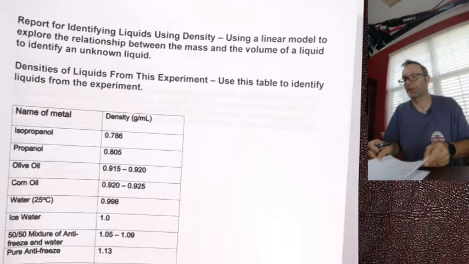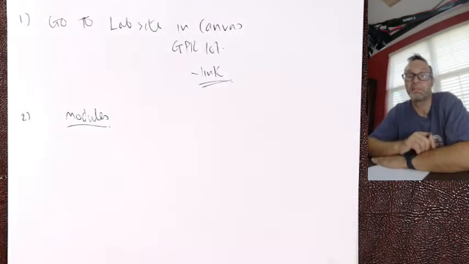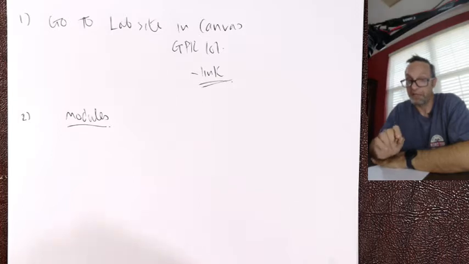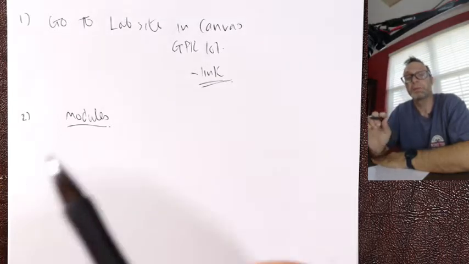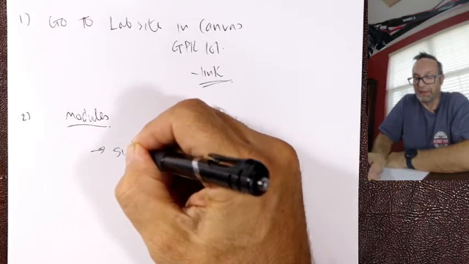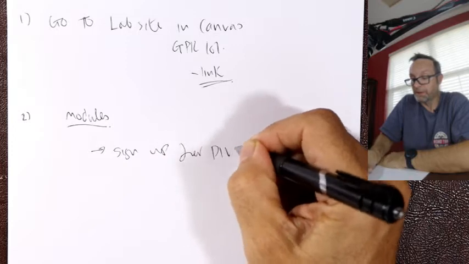These physical labs you can fill out online, which is nice, fillable. But bottom line, go to modules and you'll see these labs, but you've also got to sign up for the Pivot site itself, which is a different website, where you do the virtual experiments. Sign up for Pivot.